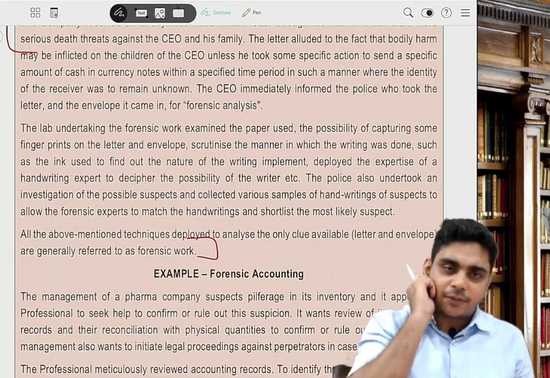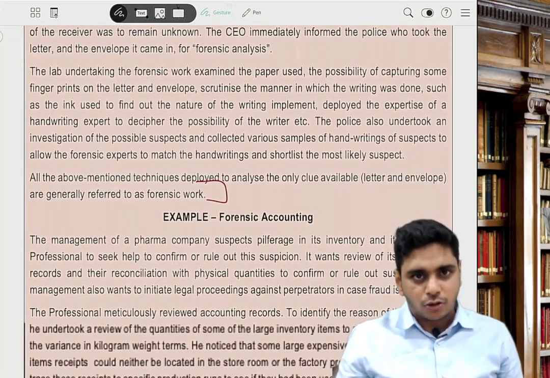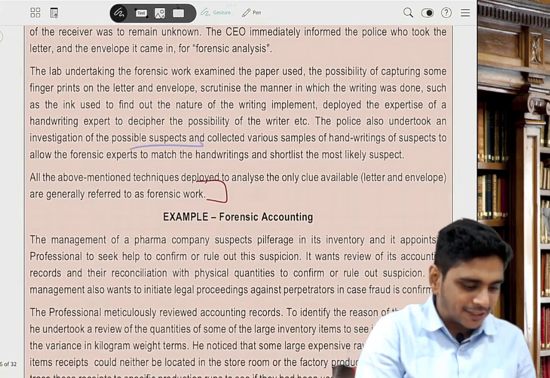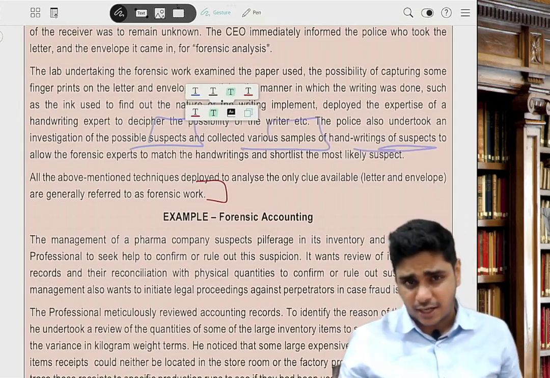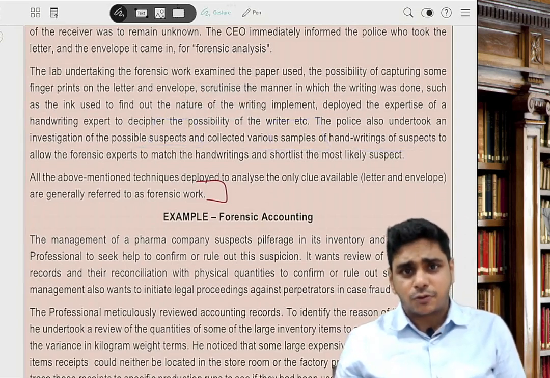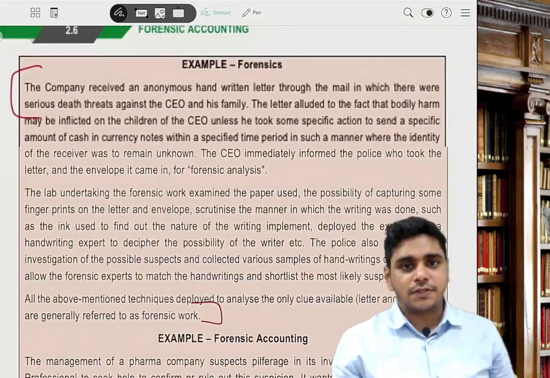There are a lot of handwriting experts; they can detect how the person looks and the nature of that person. The police also undertook an investigation of the possible suspects and collected various samples of the suspects' handwriting. This is part of investigating activities, okay, and allows the forensic expert to match the handwriting. This is basically forensics.